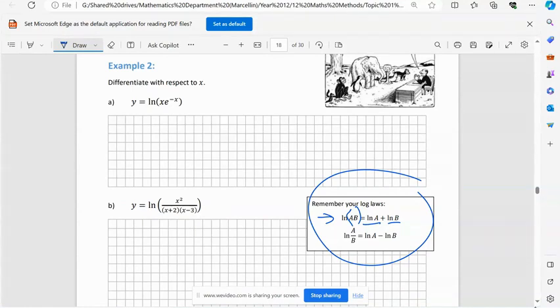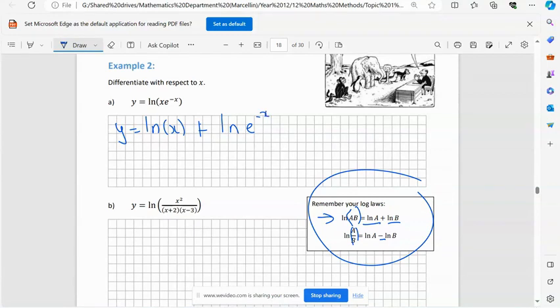You can't have a number at the front. And similarly, when you've got a division, we can represent that as two logarithms with a subtraction between them, all right? So what I'm going to do is break them up. So you can see we've got x times e to the minus x. So another way to write that is ln x plus ln e to the minus x, okay?